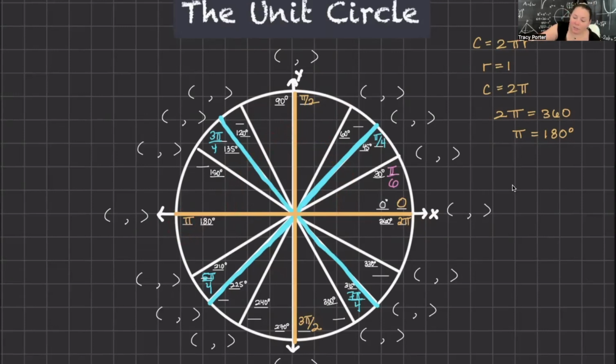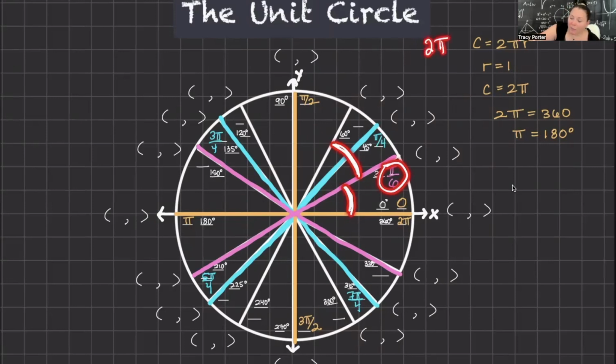So let's make all of those stand out. Now I'm making just these ones pink because these ones are going to have the same reference angle. So if we haven't done that yet, you'll see why I'm doing it eventually. But then when you go up to the 60 degrees, if this is 1 pi over 6 from here to here, then from here to here would be 2 pi over 6.